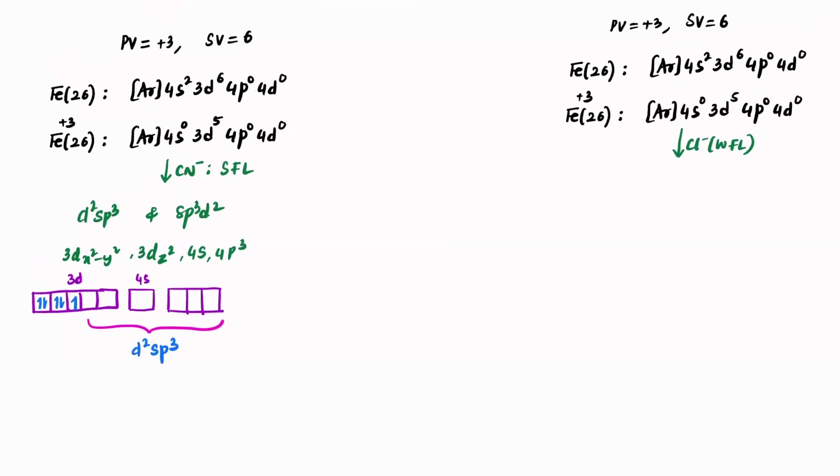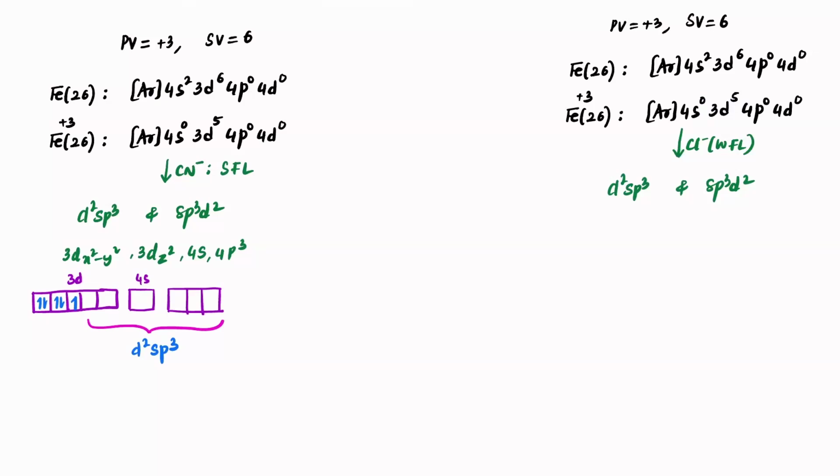But when it comes to Cl minus, the logic is the same. They could have gone for either sp3d2 or d2sp3. But since chlorine is a weak field ligand, it will not have the strength to pair these electrons.